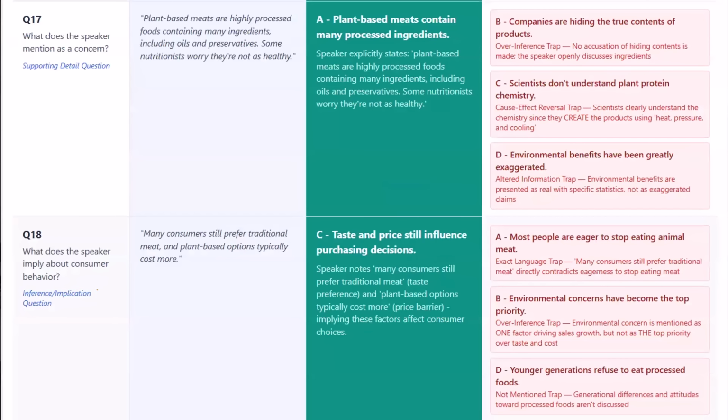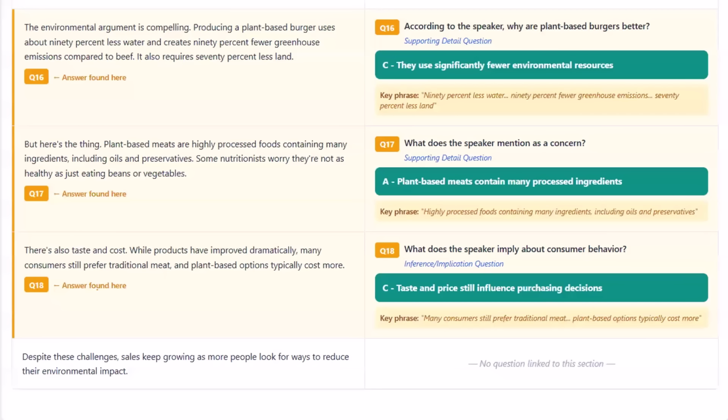And then 17 is A, and 18 is C. And there it is with the transcript.